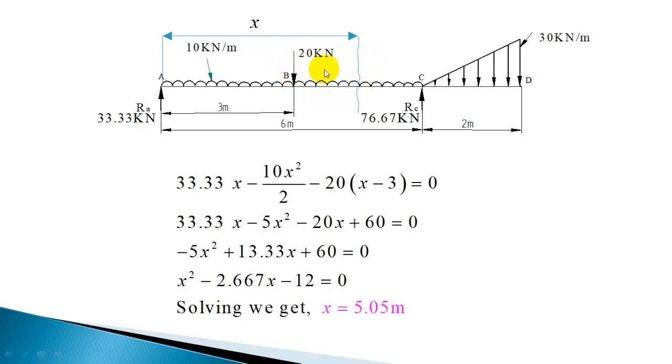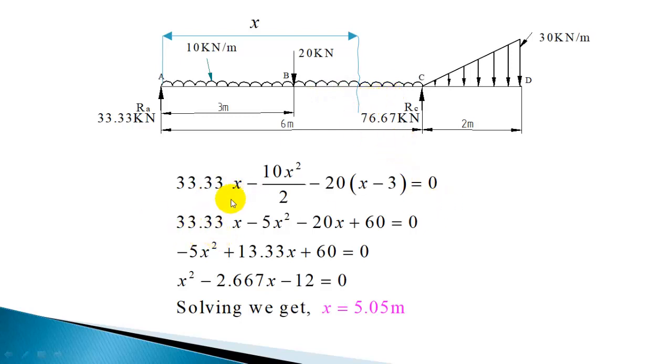Now this 20 kilonewton will produce an anti-clockwise moment with respect to this section. So 20 into the distance. So you should subtract this distance 3 meter. So x minus 3, that will give this distance. So minus 20 into x minus 3, that you can equate to 0, because bending moment is 0 somewhere in the section BC and we need to find out that point.